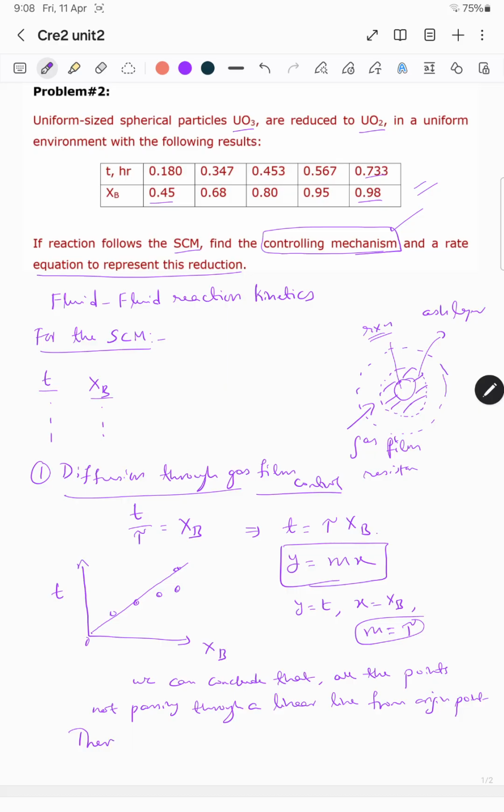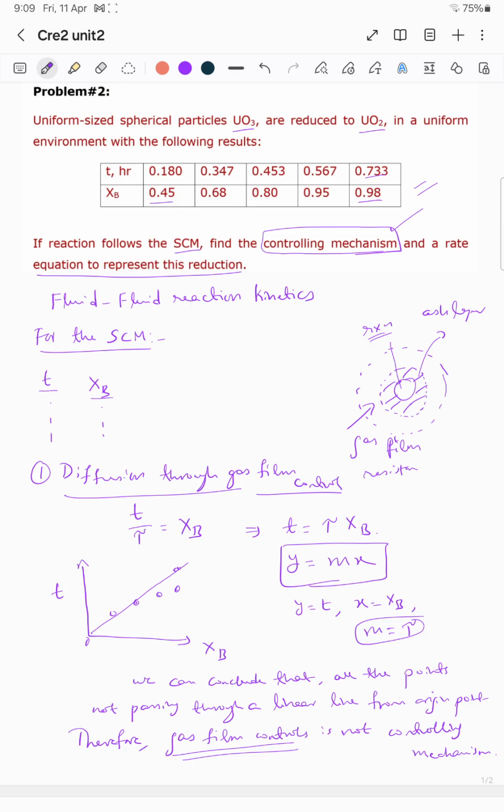Therefore gas film resistance is not the controlling mechanism. Means, to carry out the reduction of UO3 to UO2, the gas film control is not influencing the reduction of UO3 to UO2. So this is not controlling the reaction.